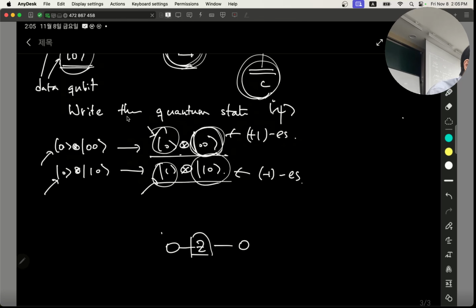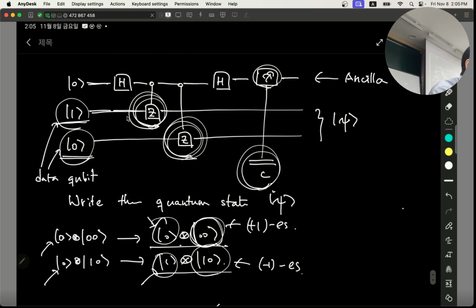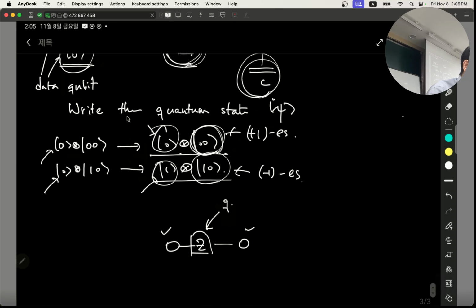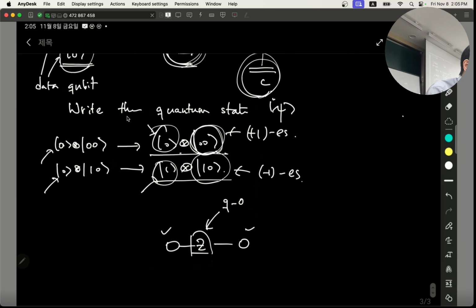So what we are doing here is actually a stabilizer attached to two data qubits. If I label them by number 0, 1, 2, then this is qubit 0, which is on top of this circuit, and it doesn't matter which one is left or right. Qubit 1 and qubit 2 are attached to qubit 0, which is the ancilla qubit here.